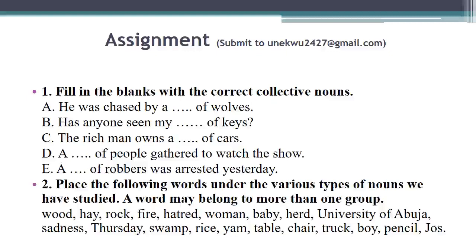We've only picked one, which is noun, and we said a noun names. We have looked at the various types of nouns, and here is an example for you to test what you have learned today.